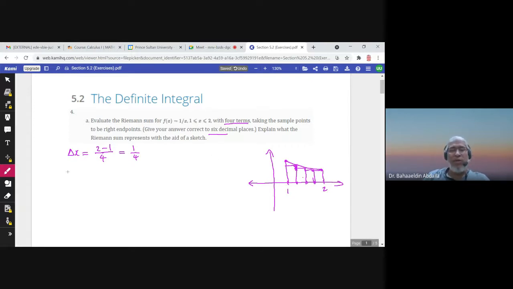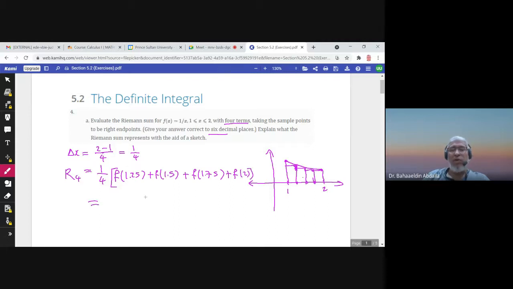Now, Riemann sum would be R4. We are using the right endpoint. 1 over 4 is the width. And now the heights of the 4 rectangles: f of 1.25 plus f of 1.5 plus f of 1.75 plus f of 2.